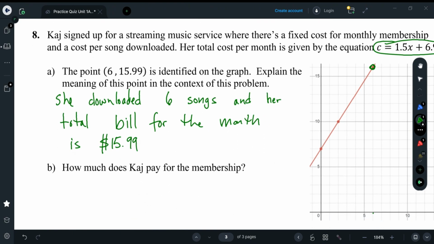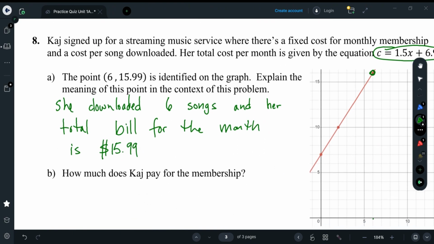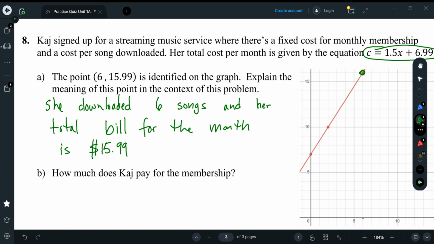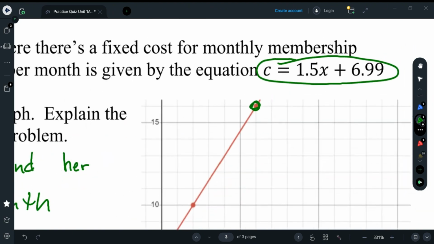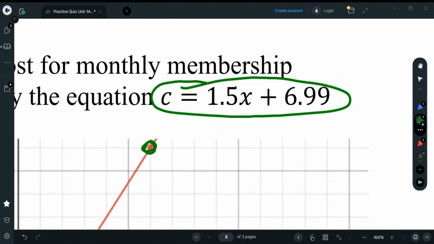Okay, part B. How much does she pay for the membership? Well, this is kind of given to us just by looking at the equation, okay? If we zoom in on the equation, this piece right here has an x, has a variable, has a number in front of it. This is the slope, 1.5. This is the part that could change depending on how many songs she downloads, okay?